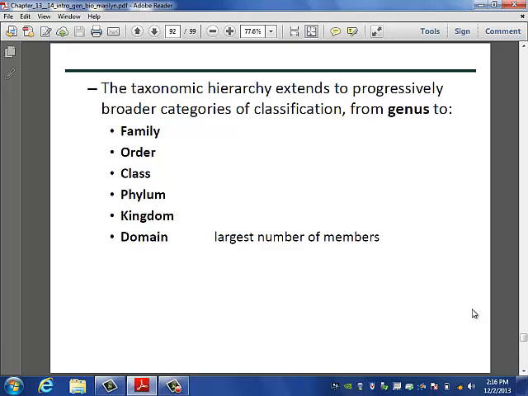So, kingdom, phylum, class, order, family, then genus and species. Again, domain, the biggest. We're reading the list backwards. What were the domains?